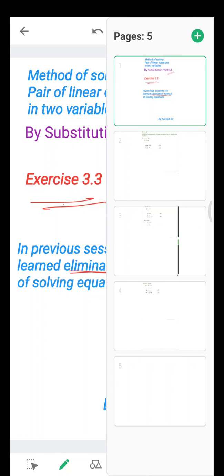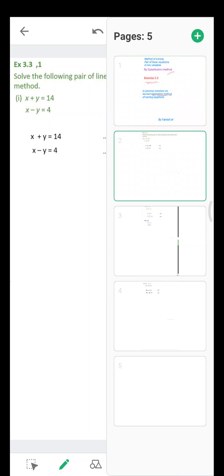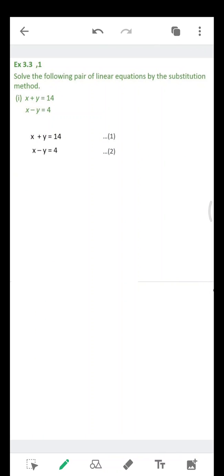So let's see what is this substitution method. Nothing confusing, it will be very simple for the students who have done elimination method. Here also two equations are given to us and we are asked to solve these two equations by substitution method.